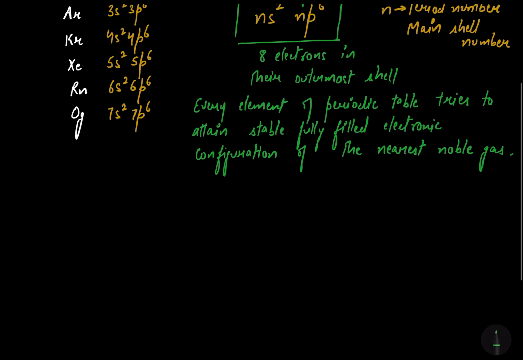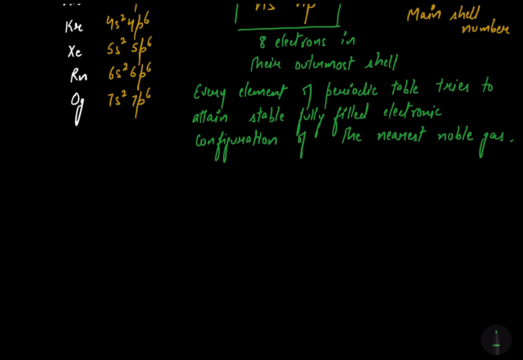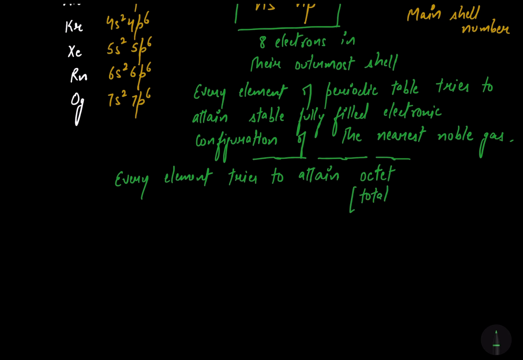So, what's the main funda? That means every element tries to attain an octet, which means a total of 8 electrons.